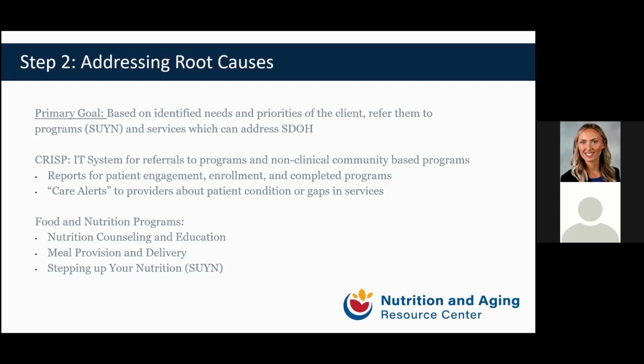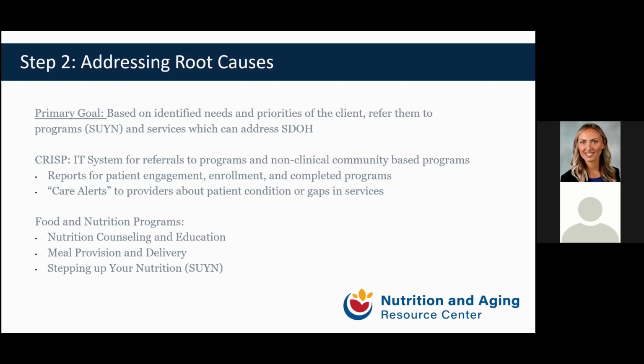To effectively address the root causes of the underlying malnutrition, and to allow an individual to improve their mental and physical health, person-centered screening, referrals to programs and services, and eligibility counseling should take place. Now, one of the programs, Stepping Up Your Nutrition, is an evidence-based workshop that many of the Area Agencies on Aging may be utilizing.